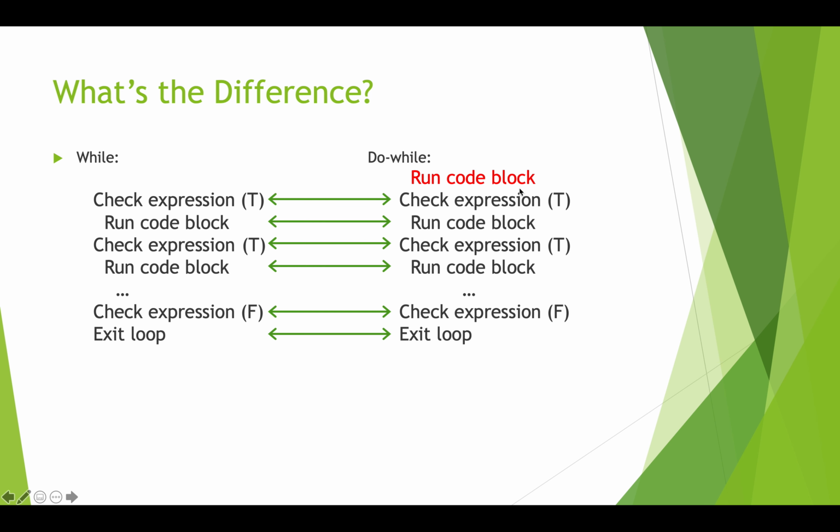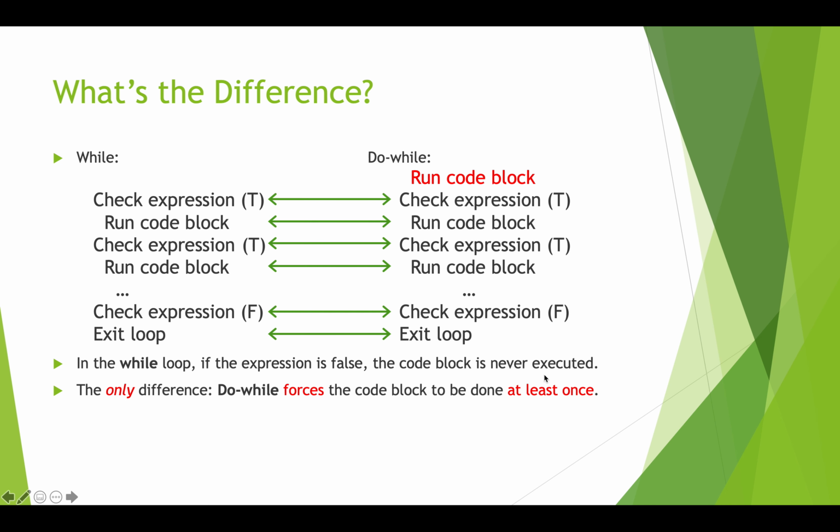The big difference is we're going to run the code block once before we ever even check the expression. So no matter whether this expression ever evaluates to true, that code block will get run once. So in the while loop, if the expression is false and never ever becomes true, the code block will never be executed. And the DoWhile forces it to be executed at least once.